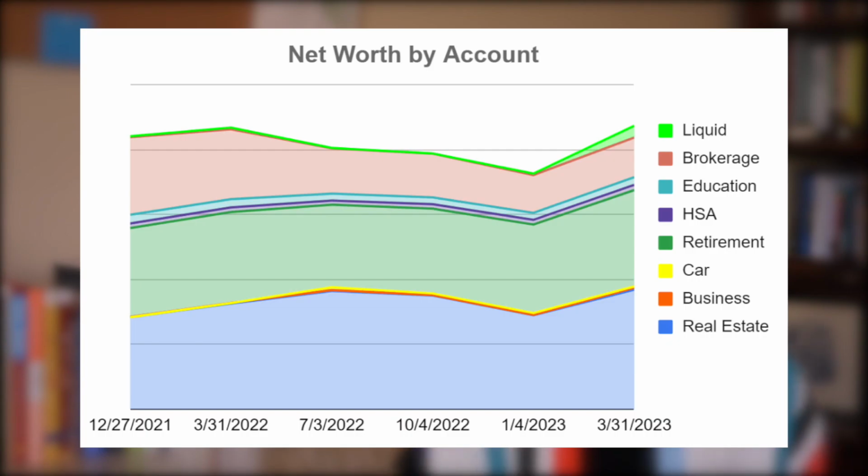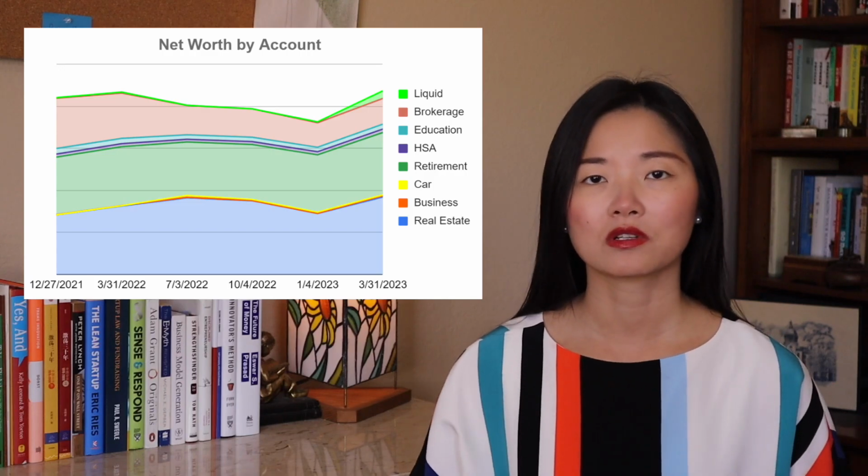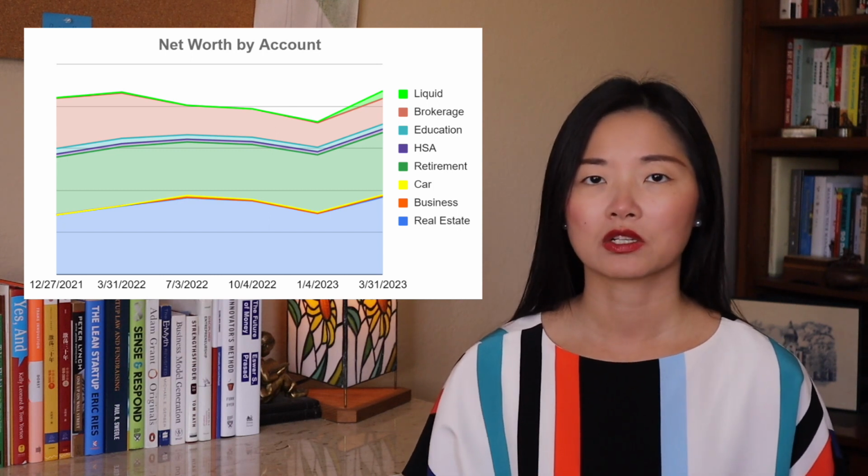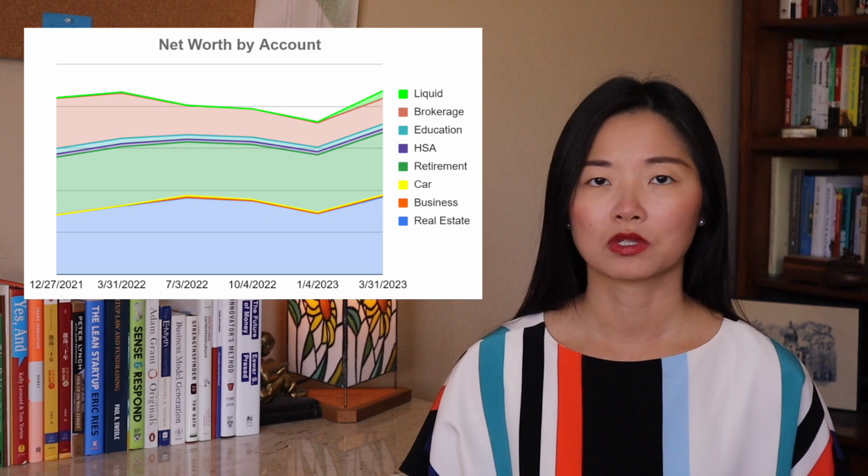And here's a closer look at the recent couple of years where the stock market wasn't performing so well. You can see that starting March 2022, our brokerage and retirement accounts visibly shrunk, and it kept going down until the beginning of 2023. However, for the first 3 quarters of 2022, our total net worth didn't go down as much because our real estate values were still strong.